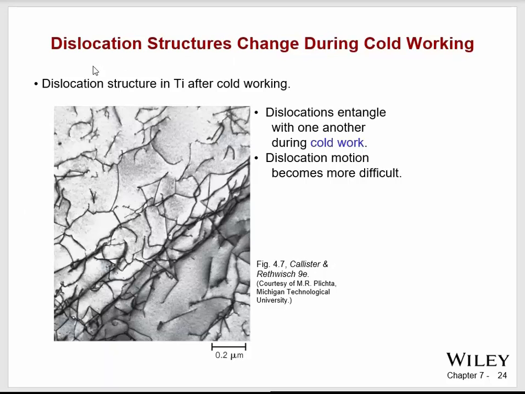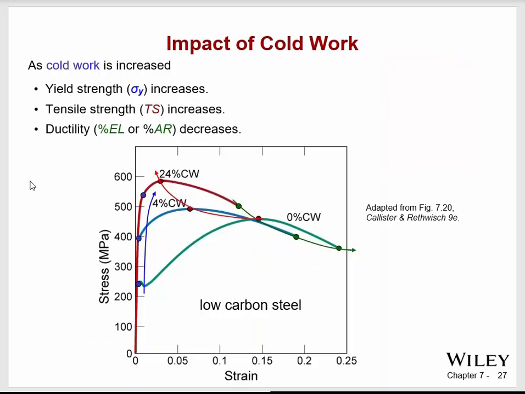The dislocations, the linear defects that we've been looking at, are actually changing as something is drawn or cold worked. When something is cold worked, you can see that there's an action that occurs on these various fronts.